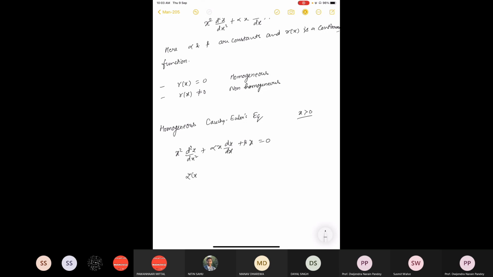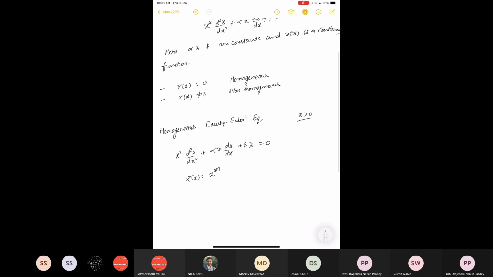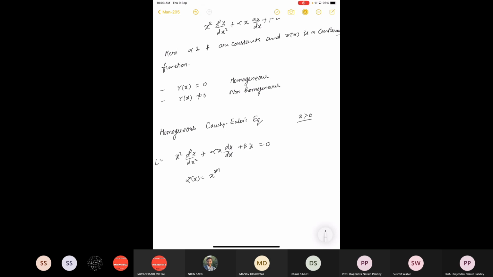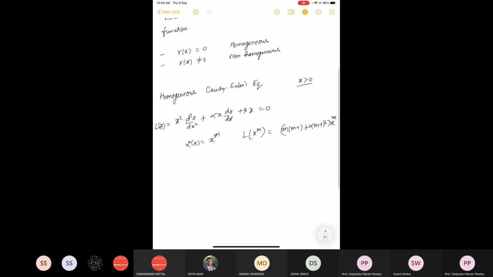And we have seen that if we take y(x) equal to x to power m, then if we call this L[y] equal to this, we can put L[x^m] as following. We can write m into m minus 1 plus alpha m plus beta into x to power m, right? So L[x^m] is equal to this.